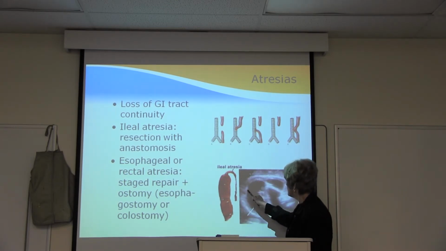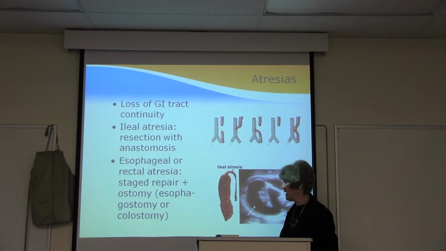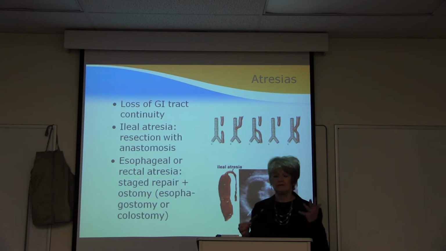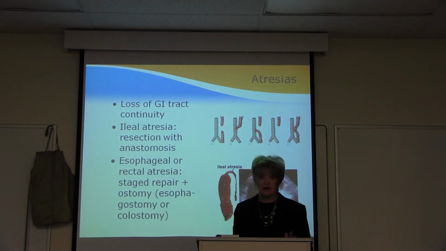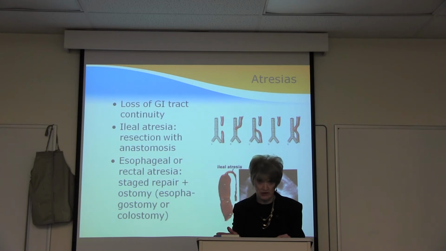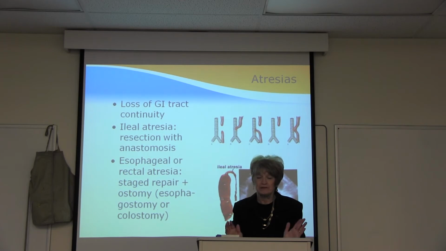Okay, now ileal atresia. Here you see normal bowel, and then you see this section where there's just a band that is not patent. Ileal atresia is easily addressed, promptly diagnosed at birth because the baby cannot tolerate feeds. If there's an atresia anywhere in the GI tract, the baby cannot tolerate feeds, and X-ray clearly shows loss of continuity between this section of bowel and this section of bowel.